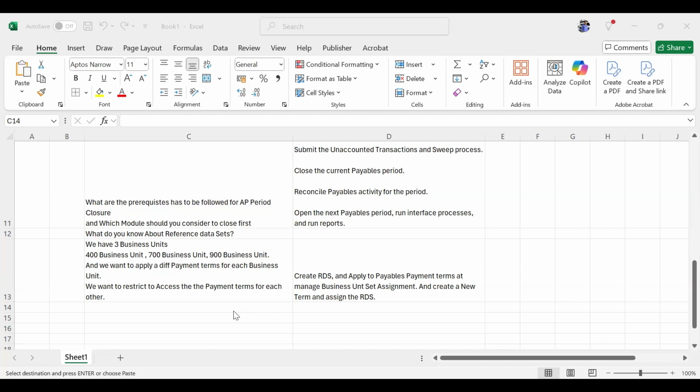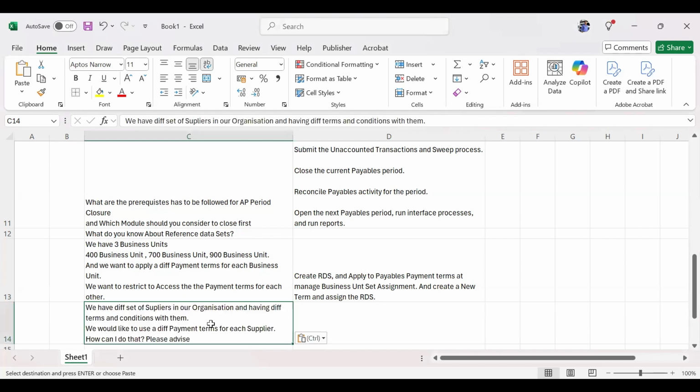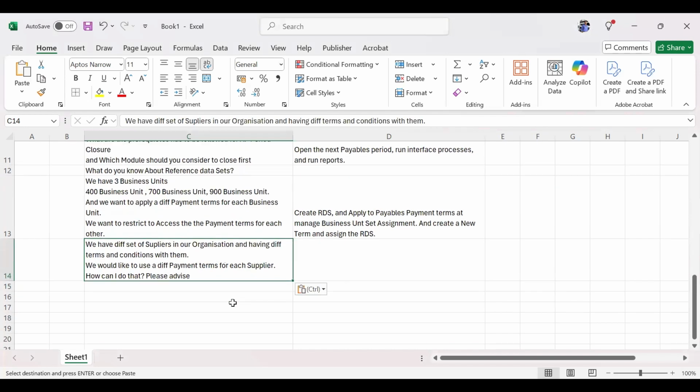So now tell me, how can I use different payment terms for different suppliers? When I try to create an invoice, I just select my supplier. The payment term should be defaulted, whatever we are looking for. I don't want to change the payment term always.